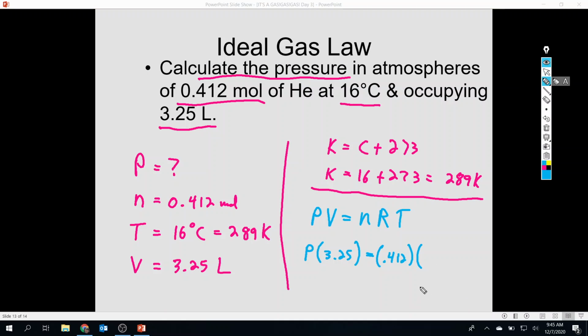So let's write that down, 0.0821, and temperature, which is 289.